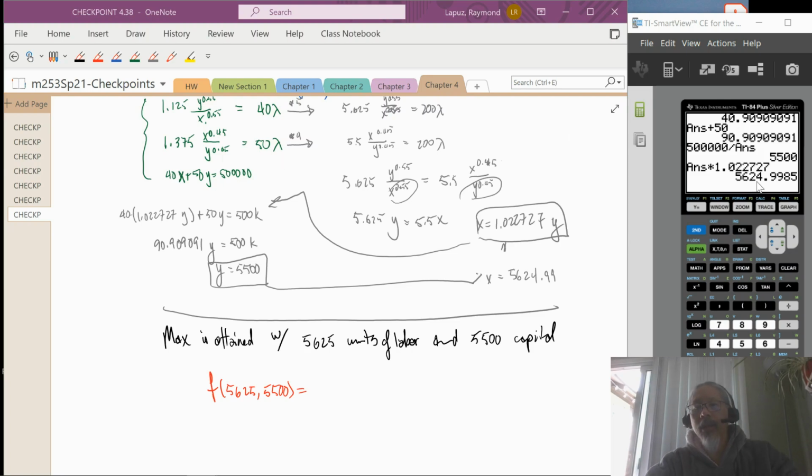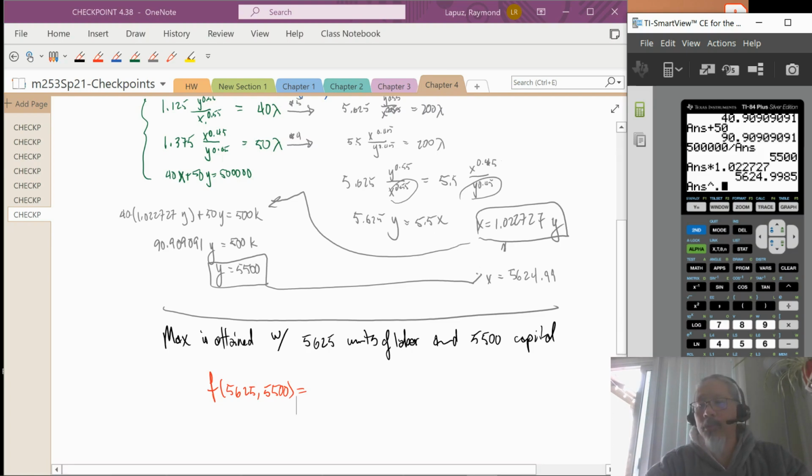So this is our x value already. Let's take this to the 0.45 power. That's the x being raised to 0.45. Double check.